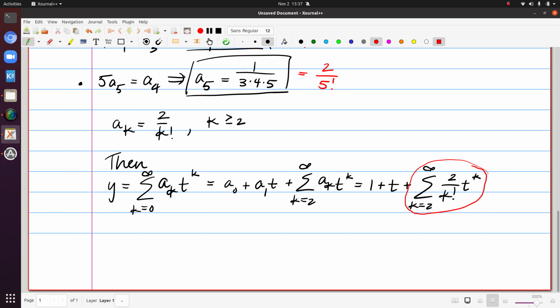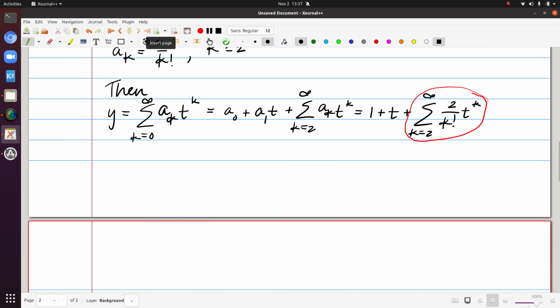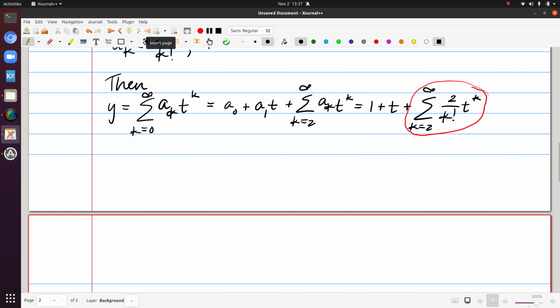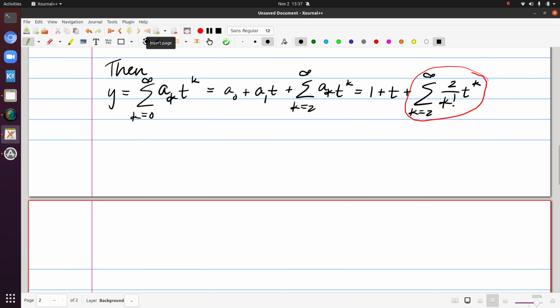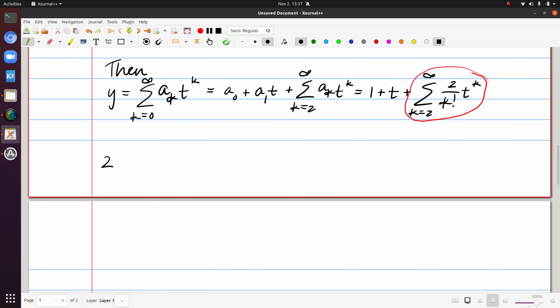So if I were to guess what function this would be, I would first be drawn to the fact that it looks like 2e to the t, right? And of course, it's not exactly equal to 2e to the t. So what we can think of here is that if I guessed 2e to the t, we could adjust our guess. So it almost looks like 2e to the t.